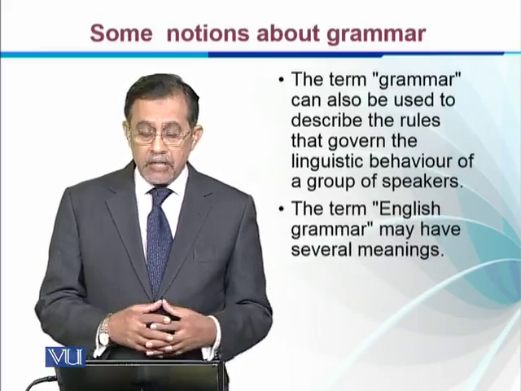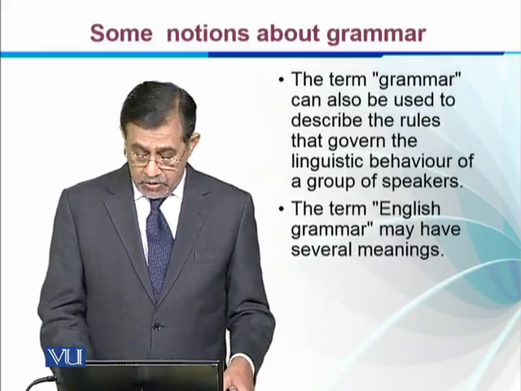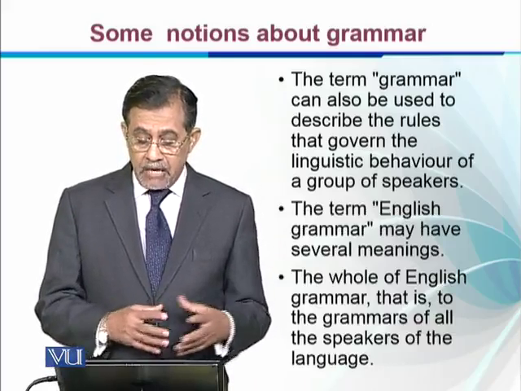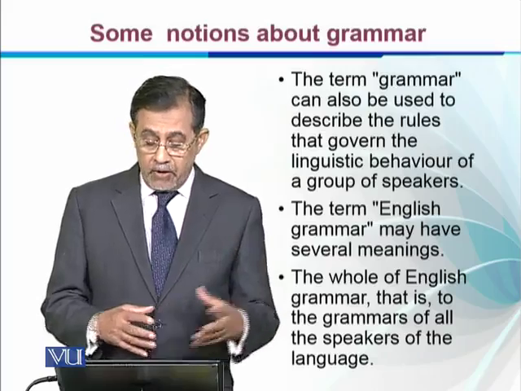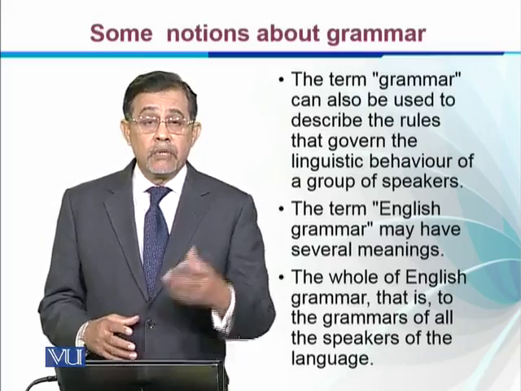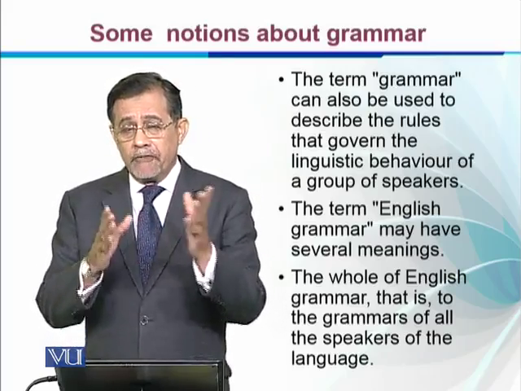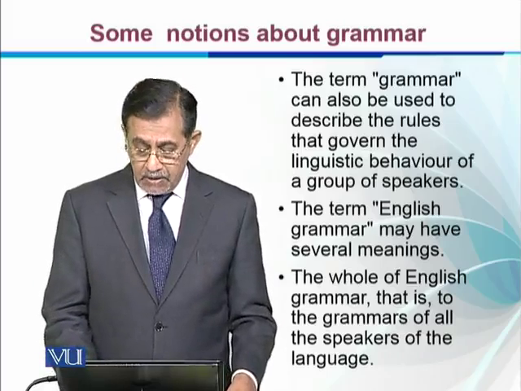The term English grammar may have several meanings, right? So let's look at this. The whole of English grammar, that is, the grammars of all the speakers of the language. So when we talk about English grammar, we refer to the grammar of the speakers of that language.